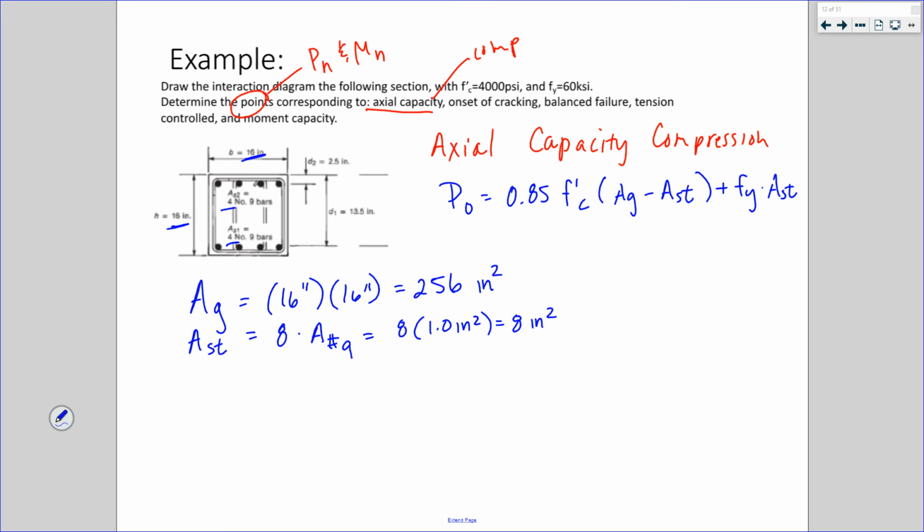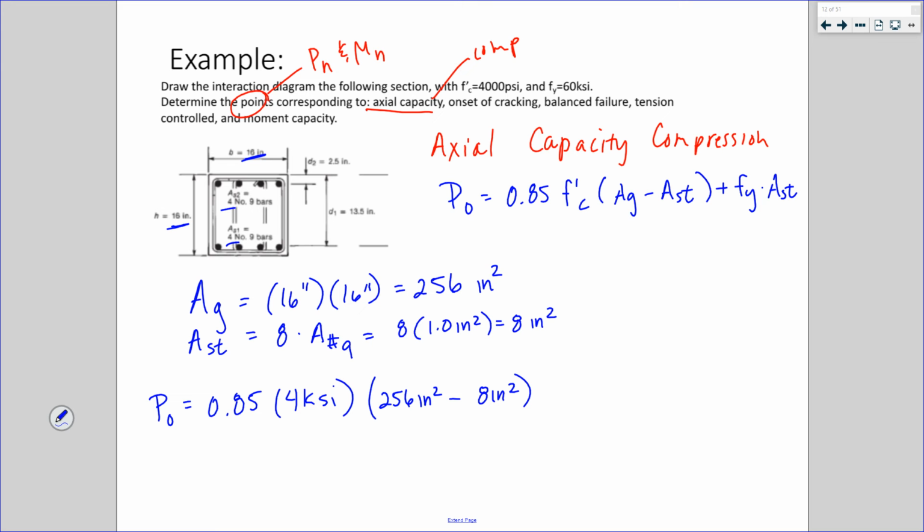So if I use my equation, my axial capacity is 0.85 F prime C, so 4 KSI, right? F prime C is 4,000, so 4 KSI times 256 inches squared minus those 8 inches that are actually made up of steel.